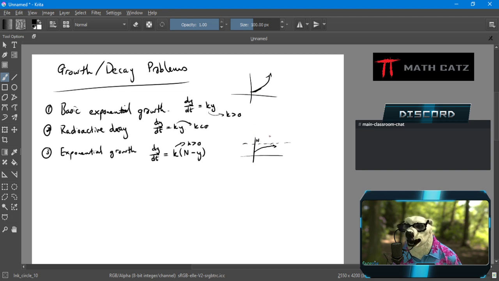But as we get closer, this portion of the basic exponential growth becomes unreasonable, and the capacity aspect, that it slows down the closer I get to the capacity, becomes more realistic. So a combination of these seems to be the direction to go in.